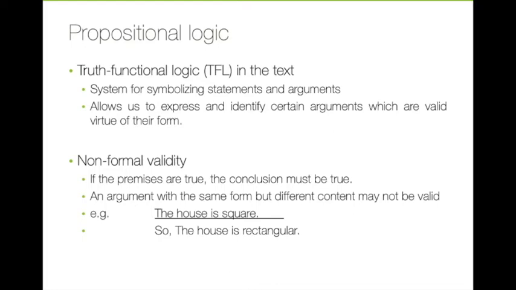That argument has the same form, but isn't valid. Truth functional logic is not intended to capture non-formal validity. Its purpose is to capture the relations between statements that occur in virtue of their form. So form is our focus now.